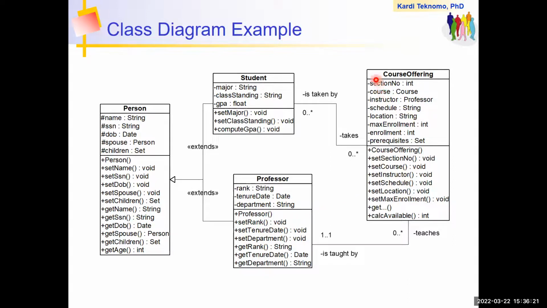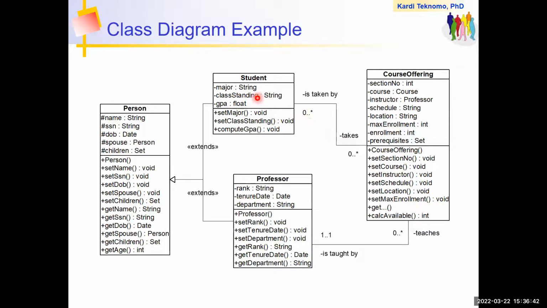And then this is another class called course offering. So the top here, what is this? This is the attribute. The bottom here is the operation, the method. And this is the multiplicity.